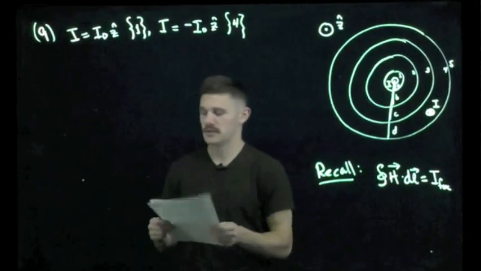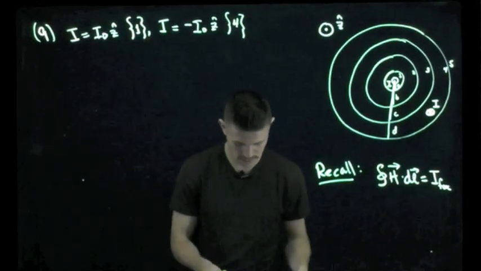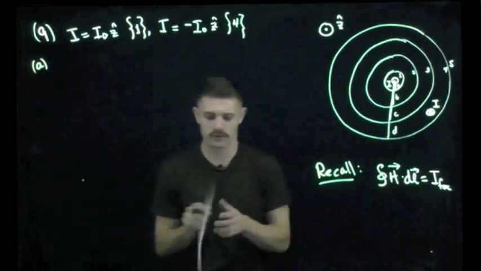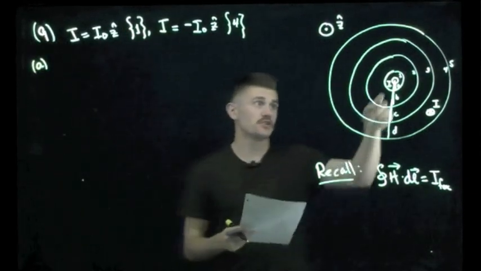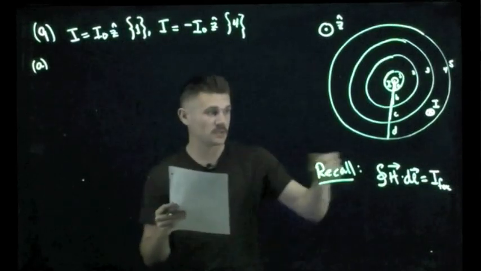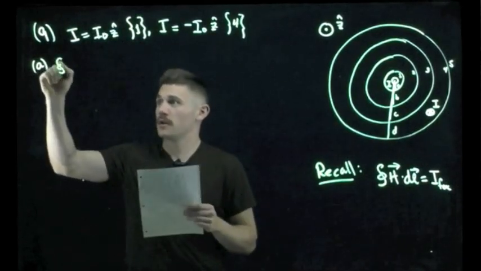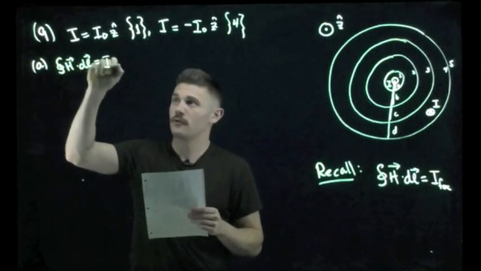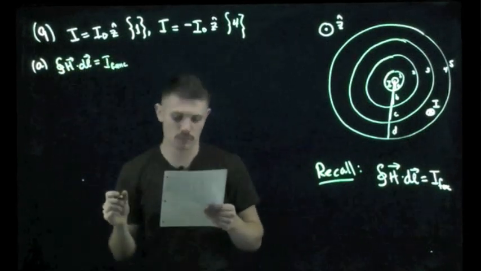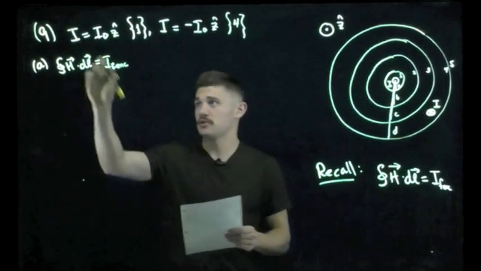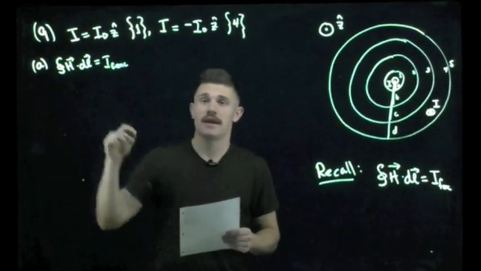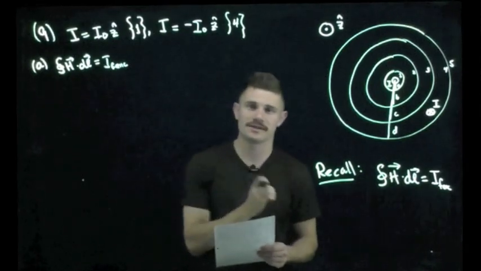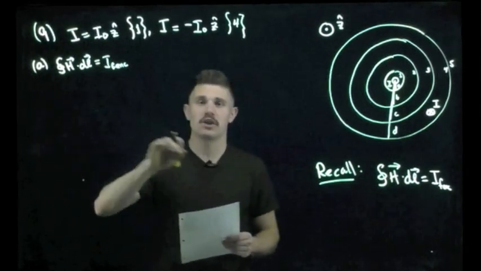So I'll see if I can squeeze all of the parts into this small space I have over here. So for part A, I'm looking for the auxiliary field in region 1. So again, we simply start with Ampere's law, which is just H dotted with dl, given by the free enclosed current by our Amperian loop. This integral on this side essentially is always going to have the same form because we're always going to choose an Amperian loop of radius s, which has circumference 2 pi s.